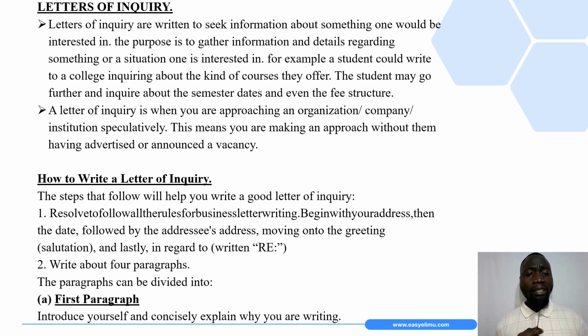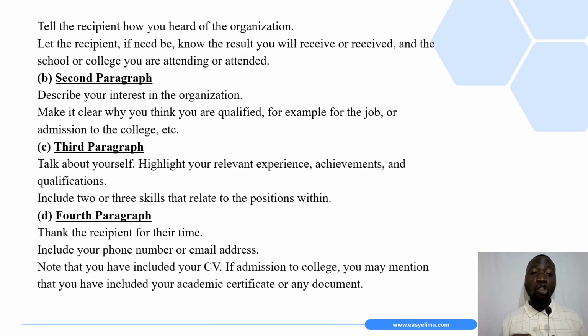So step number 2, write about 4 paragraphs. So the paragraphs can be divided into 4, and in the first paragraph, you are advised to introduce yourself and concisely explain why you are writing, and underline the word concisely.